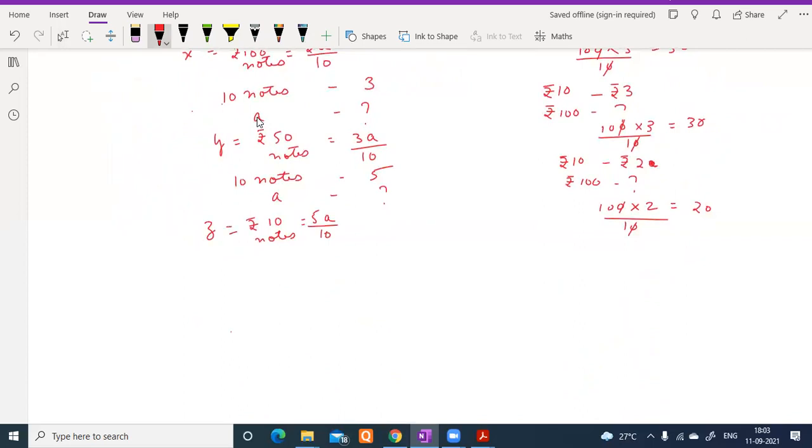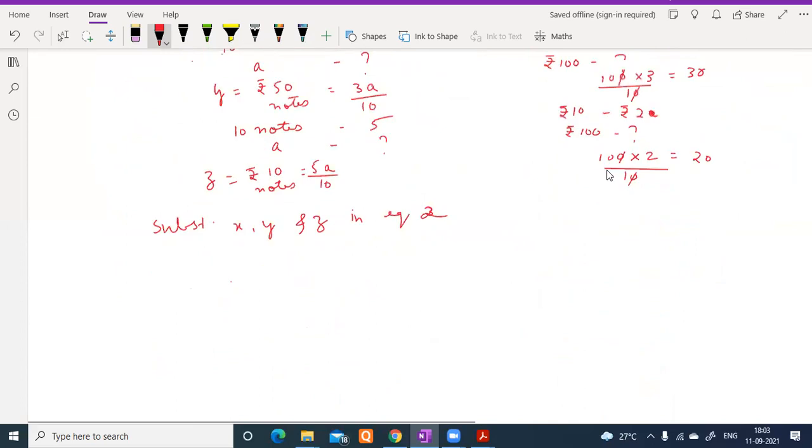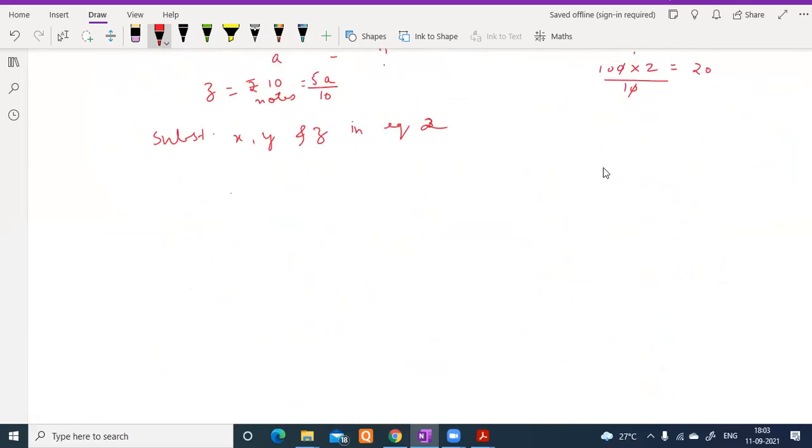Now let's go back to our equation 2. Substituting x, y and z in equation 2. First let's write equation 2.